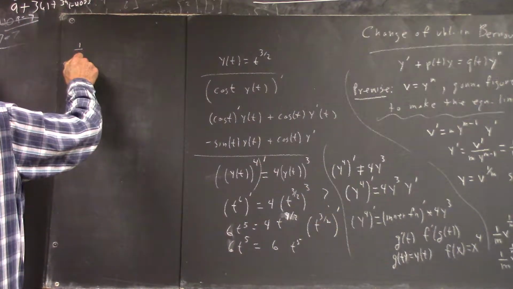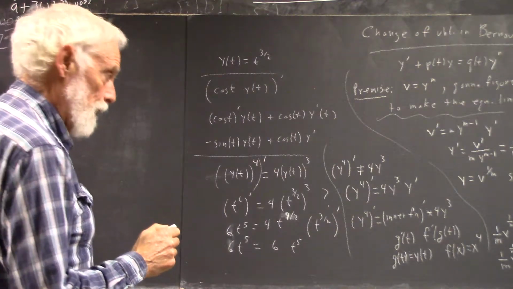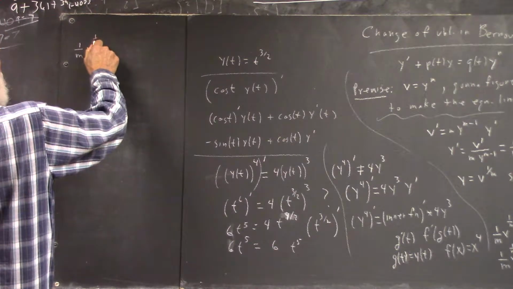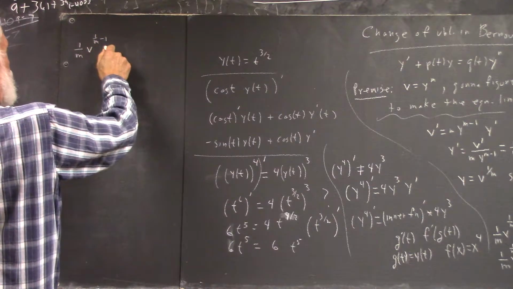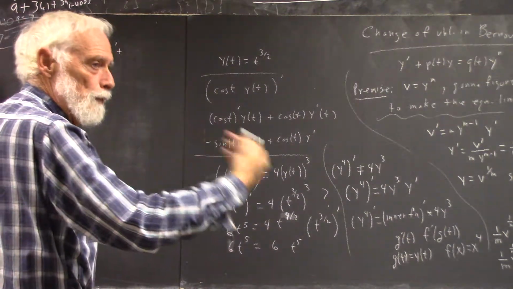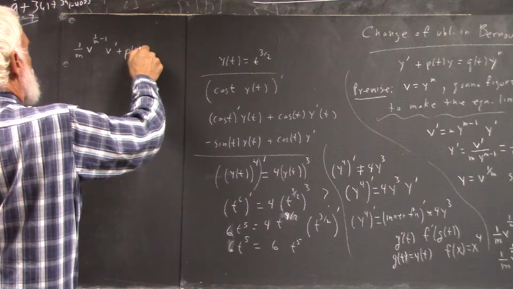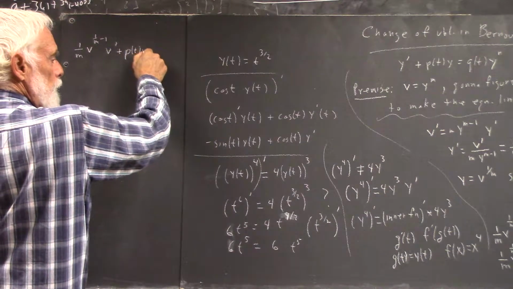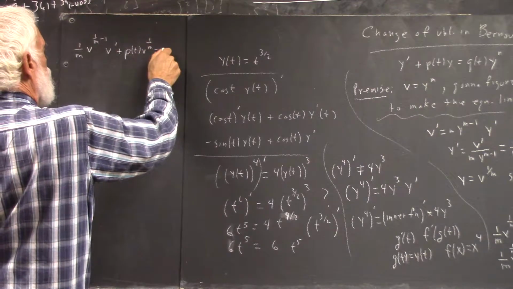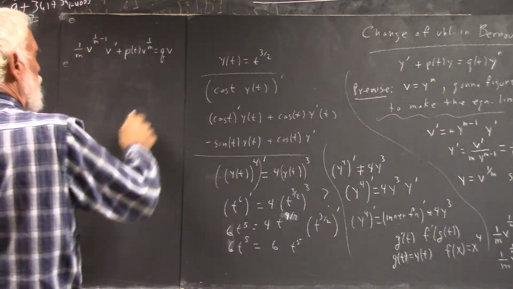But I always have to remain skeptical. From long experience, I know I need to be skeptical of what I'm doing. So we have v to the 1 over m minus 1, v prime, writing it out carefully, trying not to make a clerical error, p of t, v to the 1 over m equals q v to the n over m.